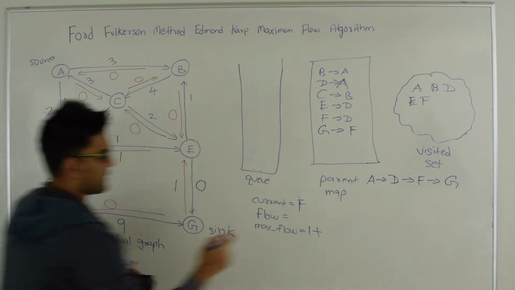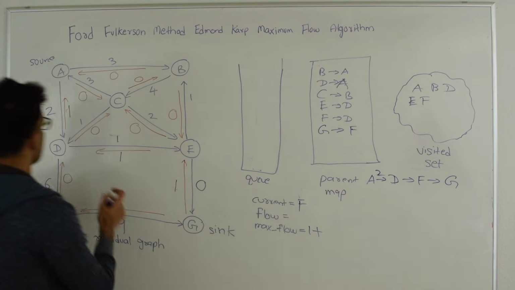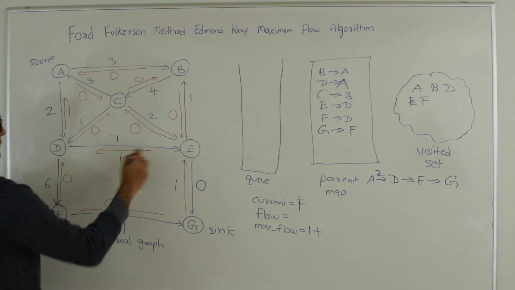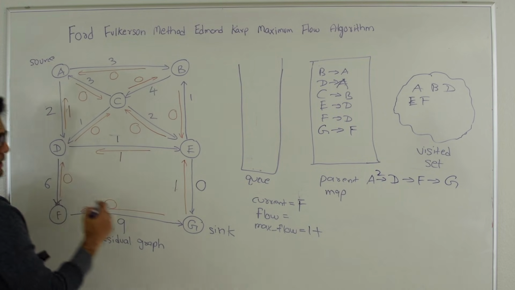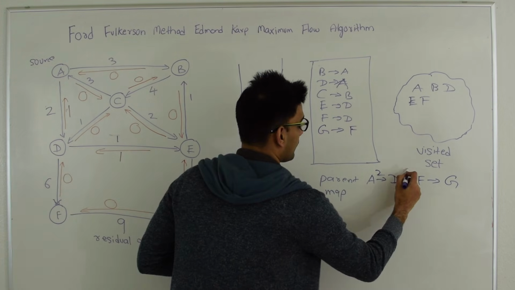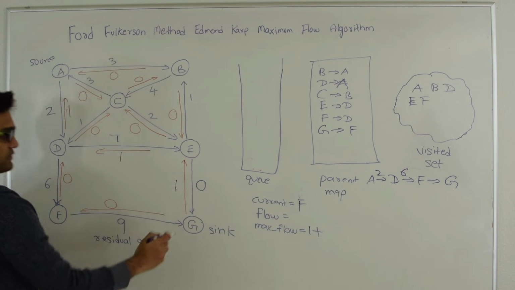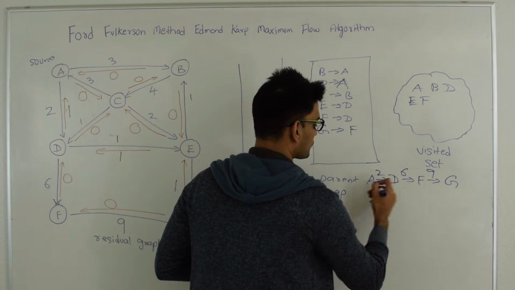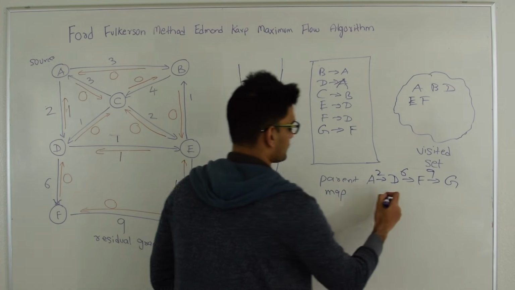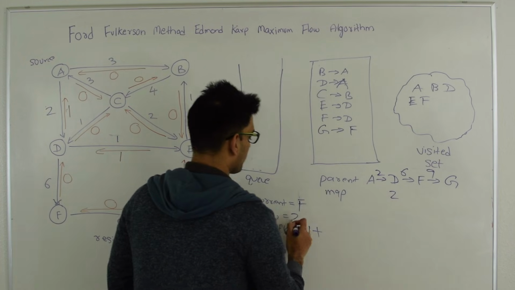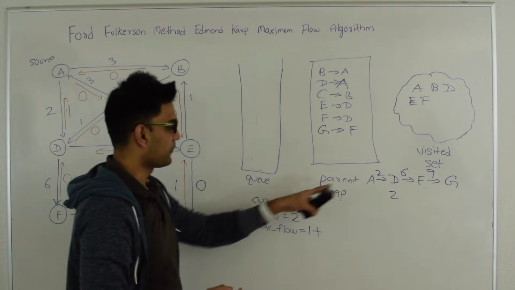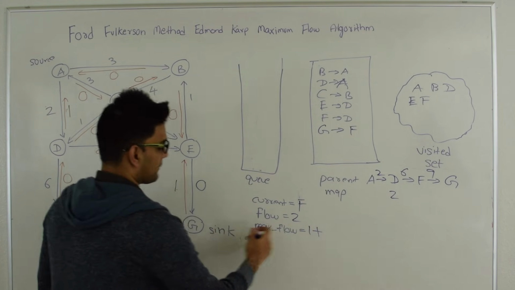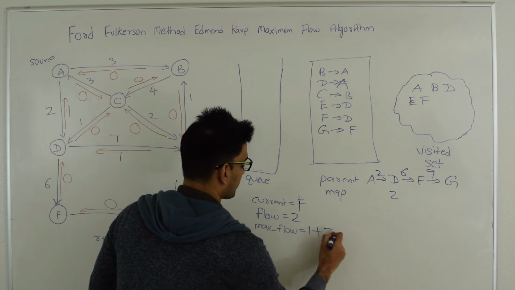A to D residual capacity is 2, D to F residual capacity is 6, and F to G residual capacity is 9. The minimum of these residual capacities, which is 2, will be the flow for this path. So the flow for this path will be 2, and we'll add this flow to the maximum flow.